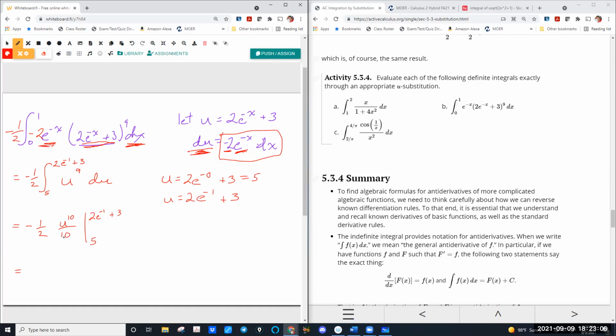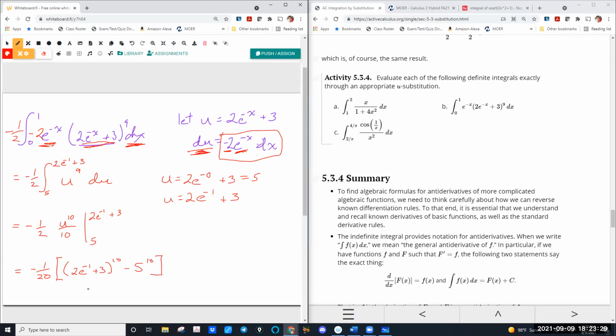We can multiply these together to make it a little cleaner, make that a -1/20. And then we'll plug in our limits into the 10th power. So 2e to the -1 plus 3 to the 10th minus 5 to the 10th.